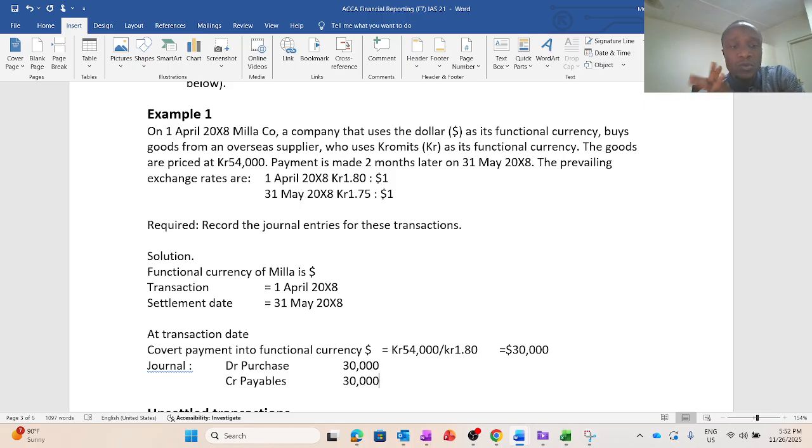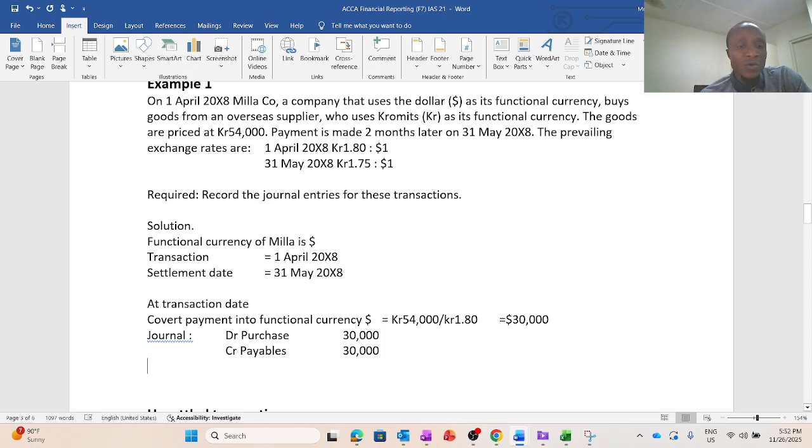This is what we are going to do at the transaction date. Now, we did not make the actual payment yet. This is just the accounting treatment.